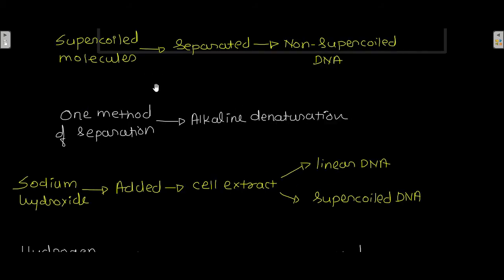One method of separation of the supercoiled molecules from the non-supercoiled DNA is through alkaline denaturation. By doing alkaline denaturation, you can separate the supercoiled molecules from the non-supercoiled DNA.